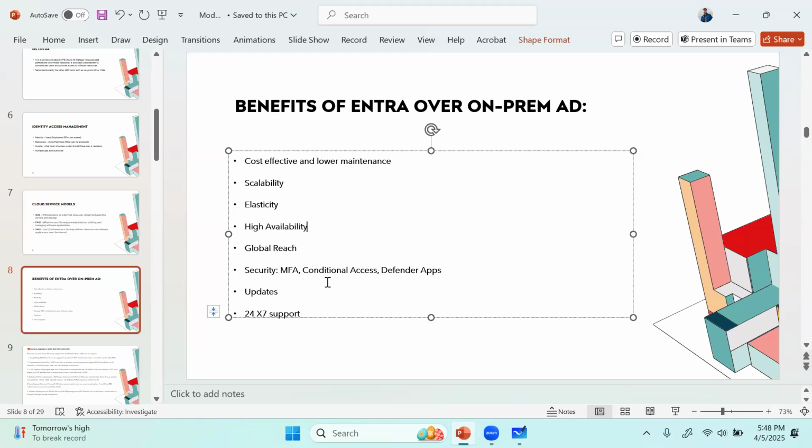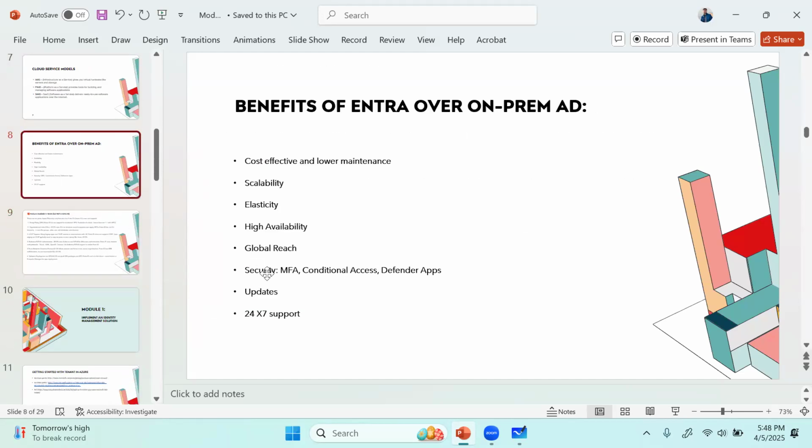defender applications. Those all are available under Azure, which comes free, or you have to pay a little amount for a license. And as soon as you pay for that, then you get access to all of these services. Updates, it's not your headache to patch all the updates on all the servers. It's Microsoft's responsibility.